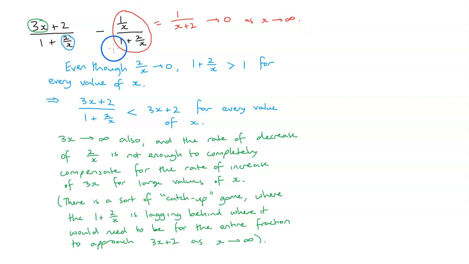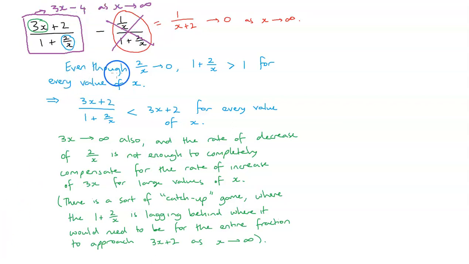So we don't really need to pay attention to this part too much. What we do need to observe is that this part here tends towards 3x minus 4, not 3x plus 2, as x tends to infinity. And so that's what we're gonna talk about.